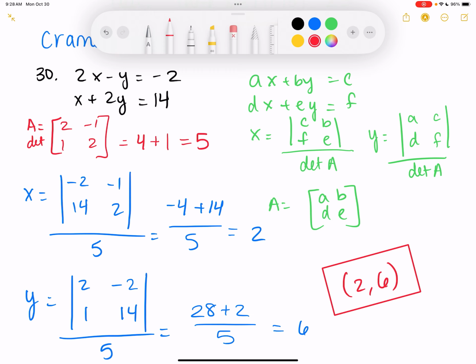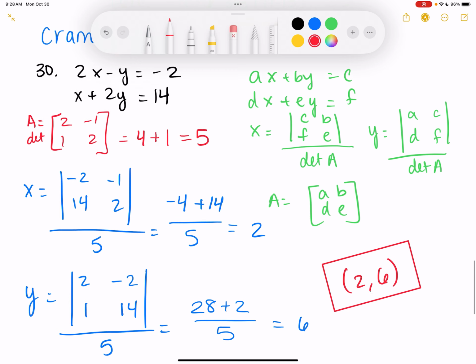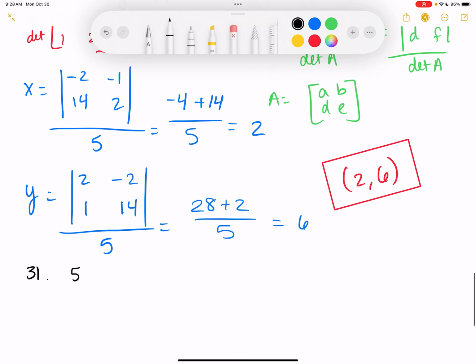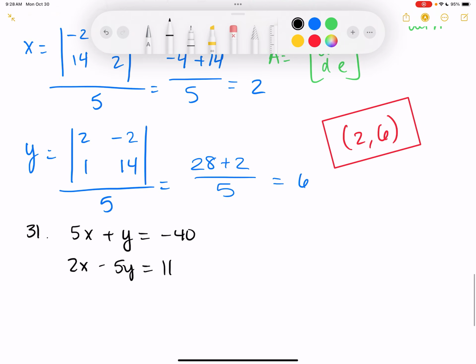All right, I'm going to do one more, but the only other option for a 2 equation, 2 unknown is an odd one, so I'm going to do an odd one. So 31, we have 5x plus y equals -40, and 2x minus 5y equals 11. I need to find matrix A, which is my coefficient matrix.